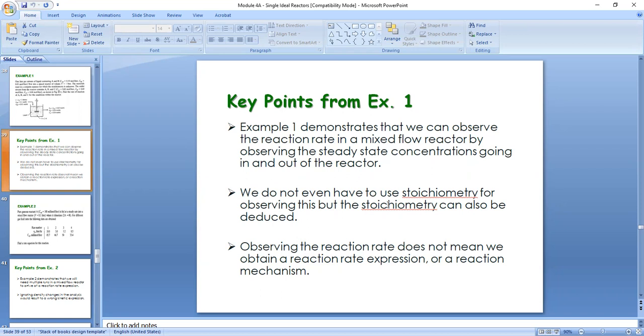We do not even have to use stoichiometry for observing this, but as I have illustrated to you, the stoichiometry can also be deduced using the values of the rates. So observing the reaction rate does not mean you obtain a reaction rate expression or a reaction mechanism. It simply requires you to determine the actual value or the quantity of the rate.